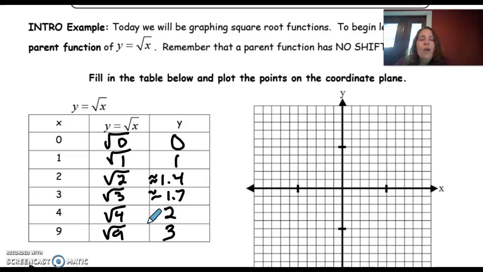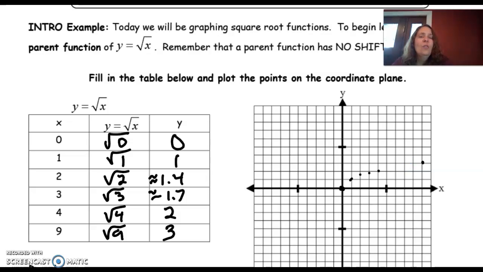All right, so if we were to go ahead and start plotting these points, we have (0, 0), (1, 1), (2, 1.4) is about there, (3, 1.7) is about there, (4, 2), and then all the way over to (9, 3). All right, if you take a look at that, it definitely doesn't seem like a line. It seems like some sort of curve, but it's not the J-curve that we saw back in exponentials.